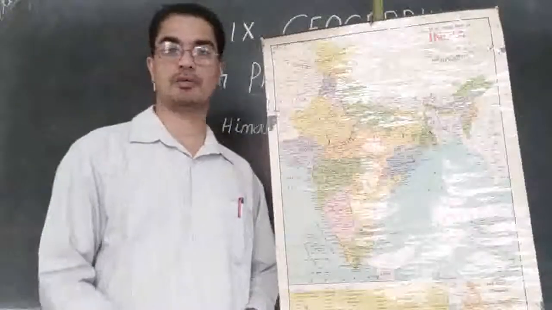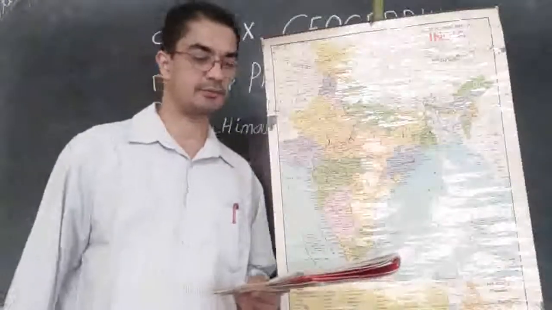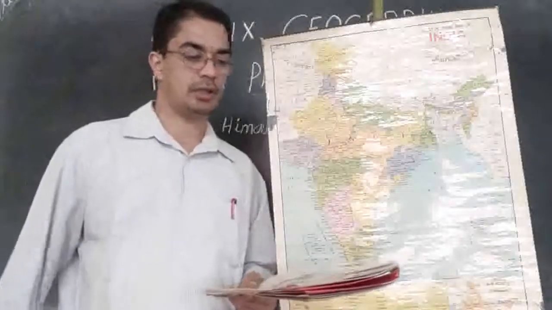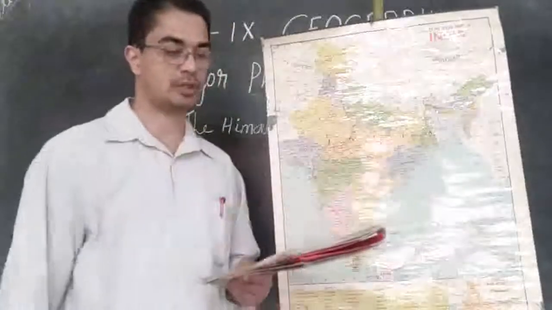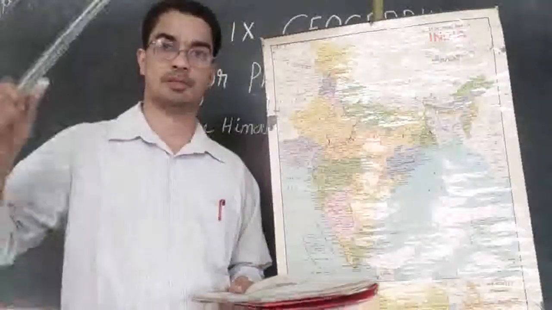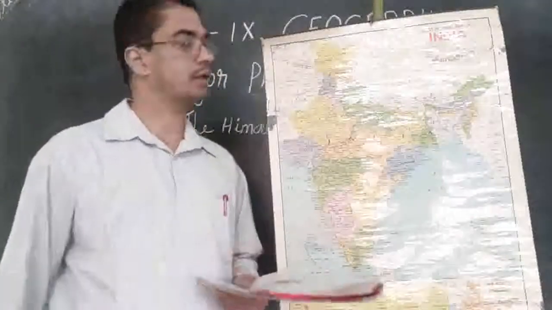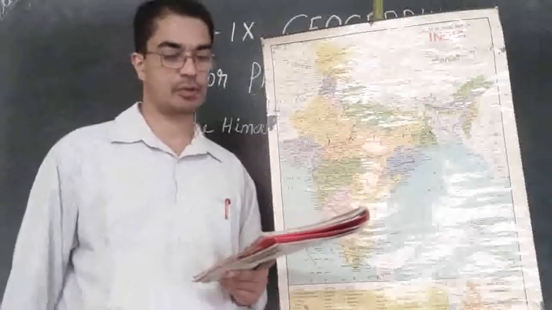Which area of the mountain will have the loftiest areas? The eastern half has higher peaks, higher hills and so on. And in the western side it is less.